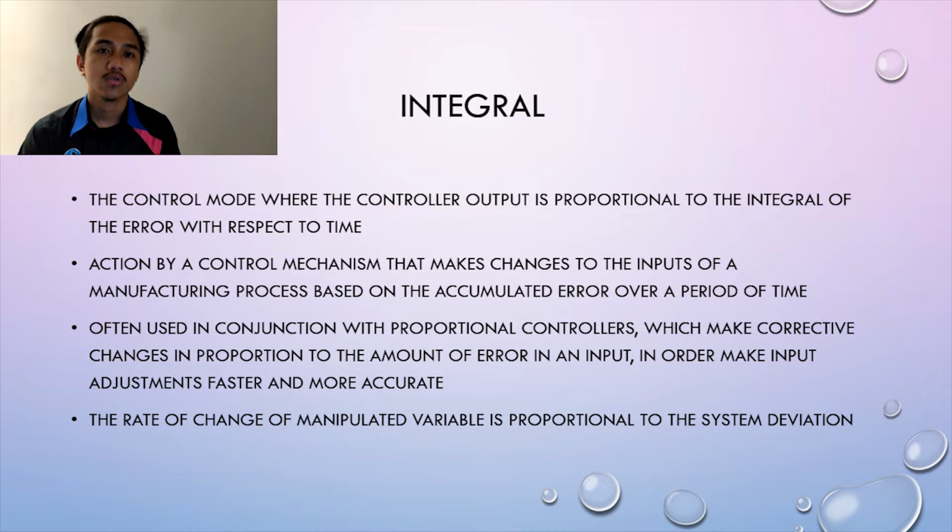The integral controller is often used in conjunction with the proportional controller, which makes corrective change in proportion to the amount of error in an input, in order to make input adjustment faster and more accurate. The rate of change of the manipulated variable is proportional to the system deviation.